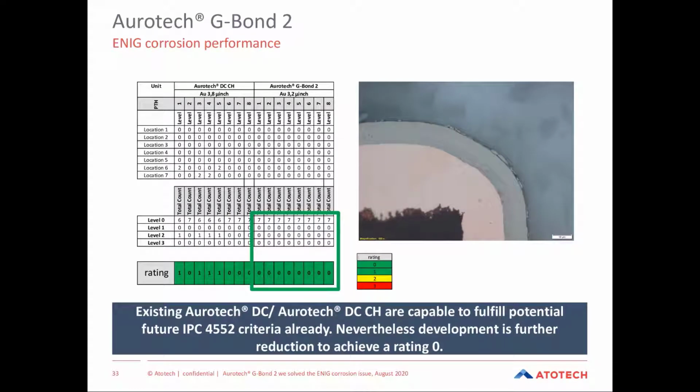But to really study the corrosion attack a bit more in depth, we also did a statistical evaluation, which basically works by counting the corrosion events.